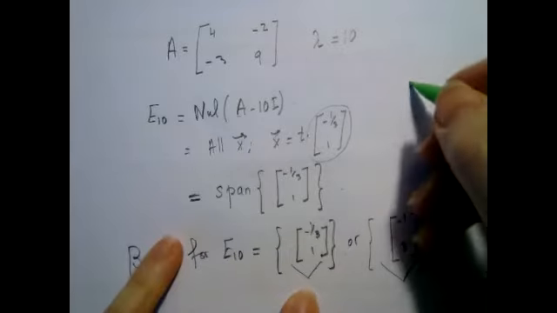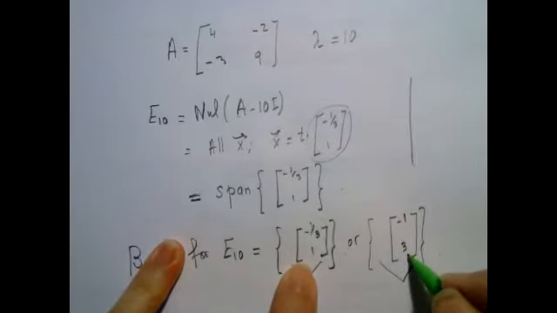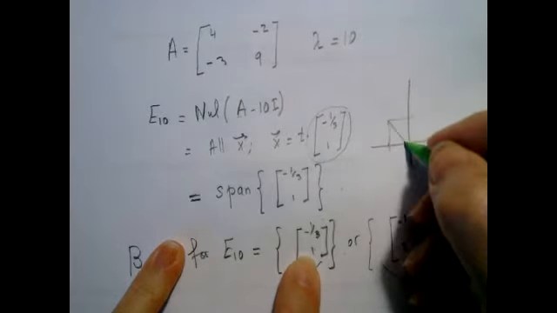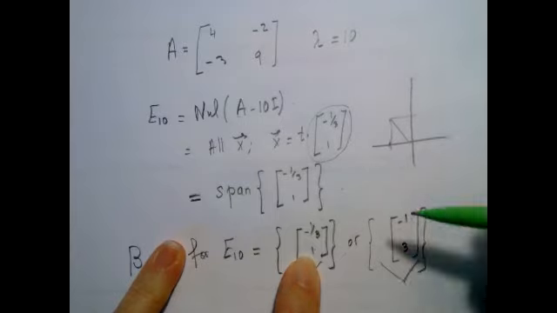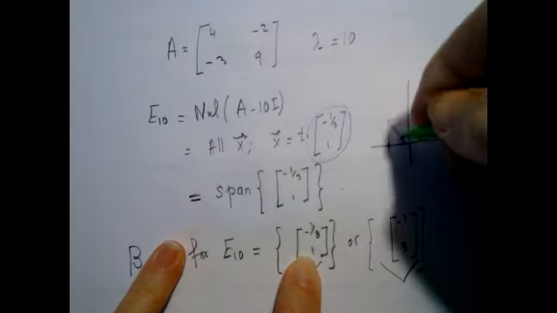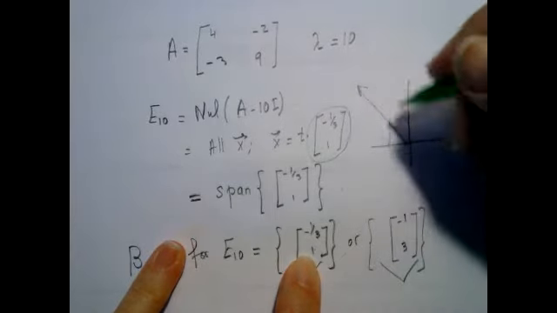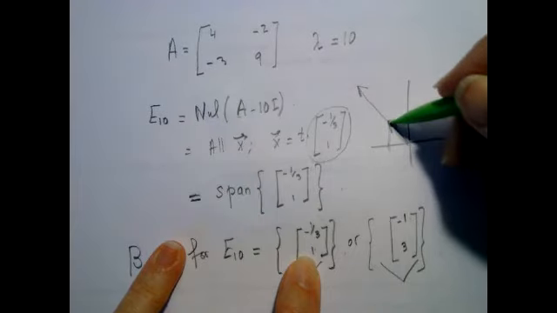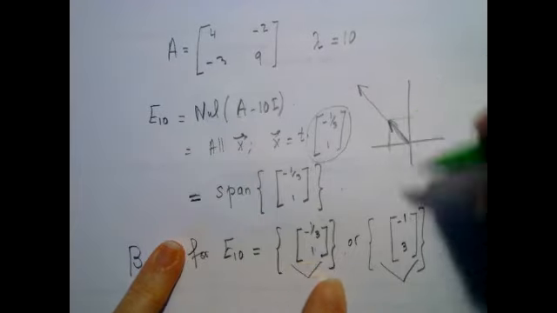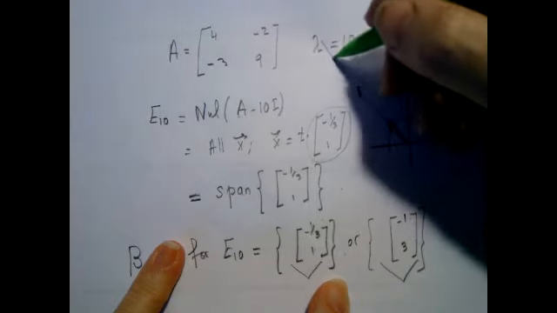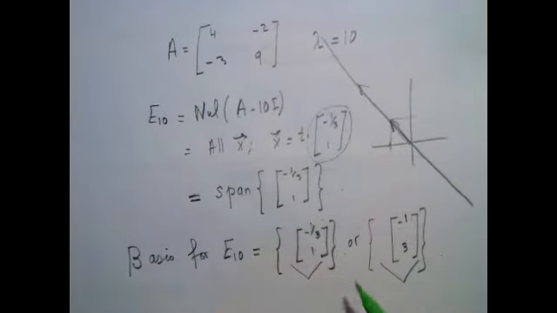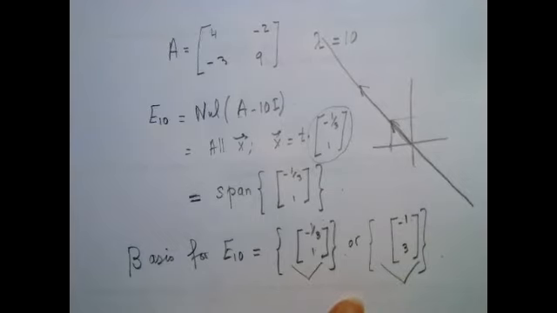Absolutely the same, because what did I do from here to here? I just multiplied by 3. So minus a third, 1 is this vector, and minus 1, 3 is that vector times 3. So whether I take all scalar multiples of minus a third, 1 or of minus 1, 3, I'm going to get every vector on this line. So you can use either one as a basis vector.